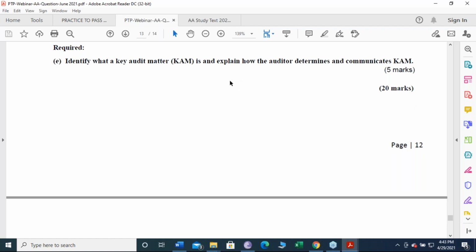And last but not the least, we'll go through a topic called audit reporting. So tomorrow's class is a very jam-packed class. The agendas are: number one, substantive procedure questions; number two, going concern; number three, subsequent events; number four, audit report, and that particular 5-mark question which comes in every attempt.